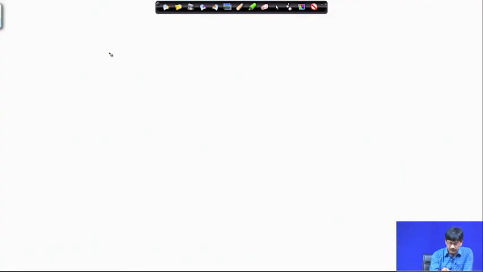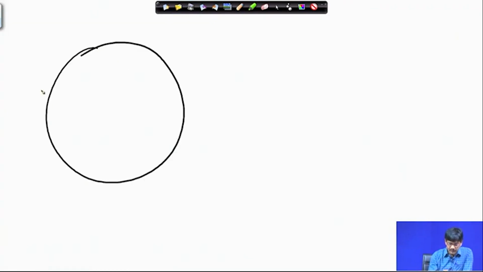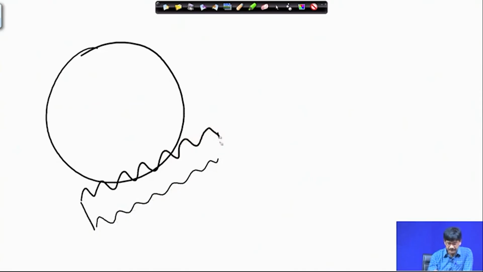Let me just give you the idea in simple words. Just like a worm and worm gear meshing this way, if you look at it from the top, this is the worm and this is the worm gear.